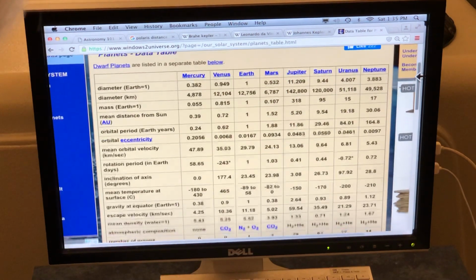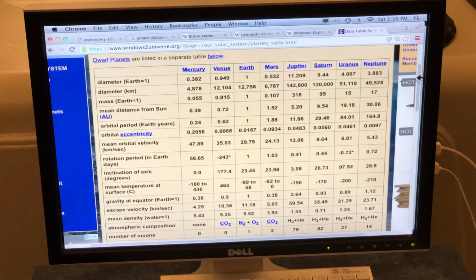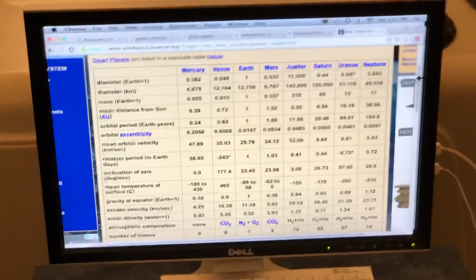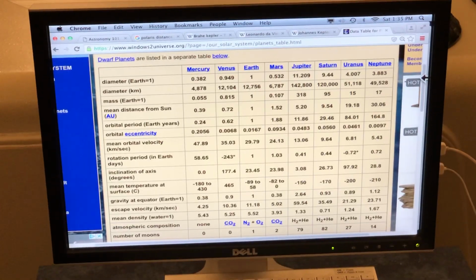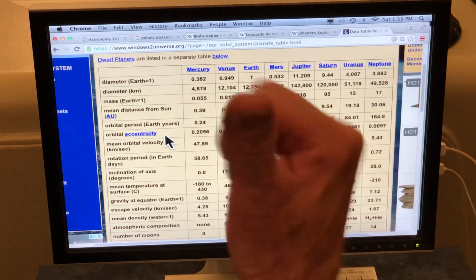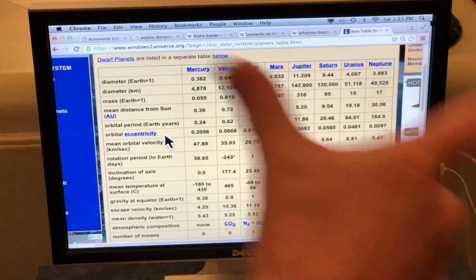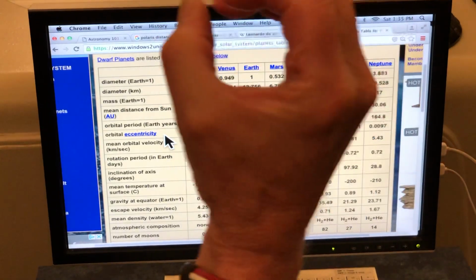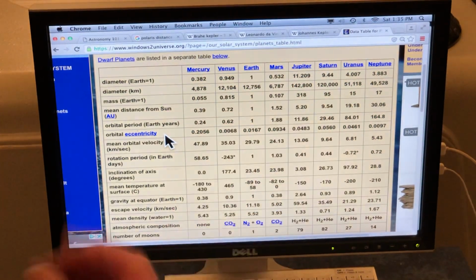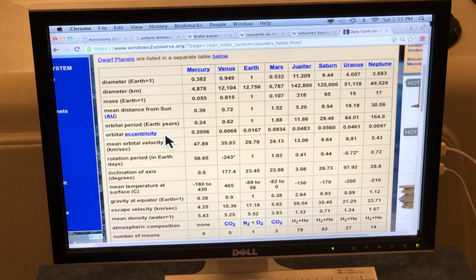See what you see. Now, what am I going to look at? What I'm looking at here are the orbital eccentricities. How stretched out are they? Remember, a 1 is totally stretched out, a line. A 0 is not stretched out, a circle. 0.1 you can't even tell. I'm going to go to Earth. It's not even 0.1.